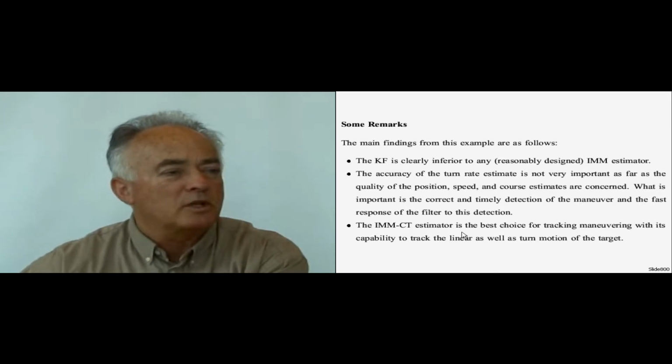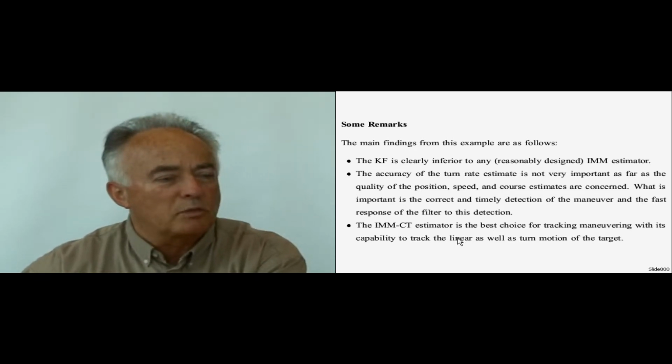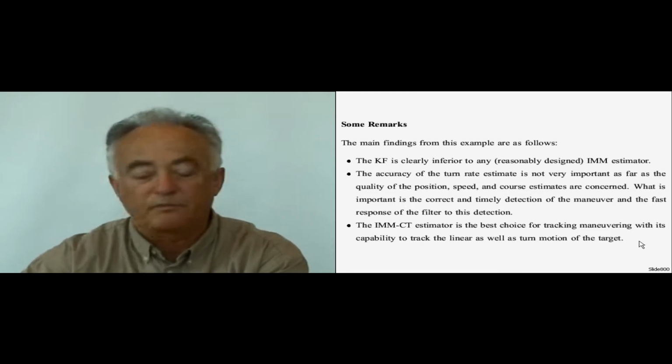The IMM-CT estimator is the best choice for tracking maneuvering targets with its capability to track both the linear motion, the nearly constant velocity or perfectly constant velocity, as well as the turn motion of the target.